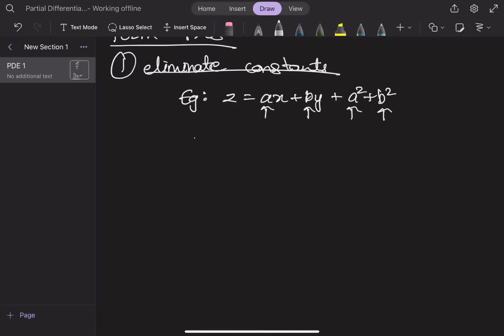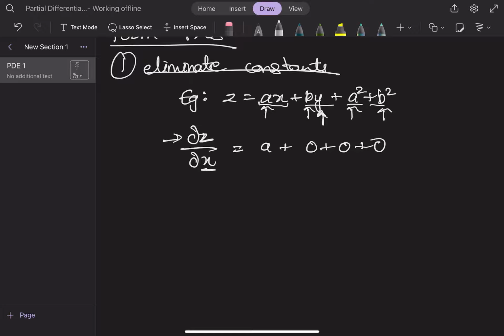So here I can see del z by del x is a plus 0 plus 0 plus 0. Remember guys, when you are doing partial differentiation with respect to x, you treat y as a constant. So here you only have to differentiate this term. This term will give you 0 as they are considered constants.